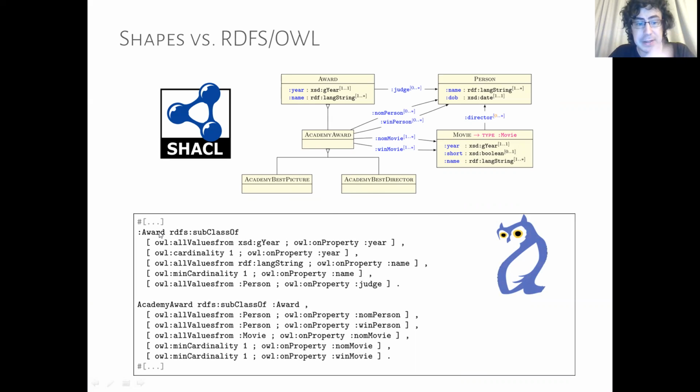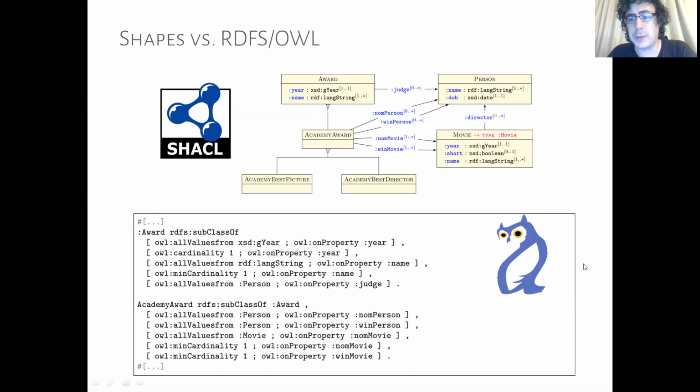So we could say, for example, that an award is a subclass of all of its years are from the datatype G year, all values from, sorry, that should be capital F. That it has precisely 1 year, that it has all its values for name from language string, and so forth. So we can define something very similar to what we see here in RDFS and OWL.